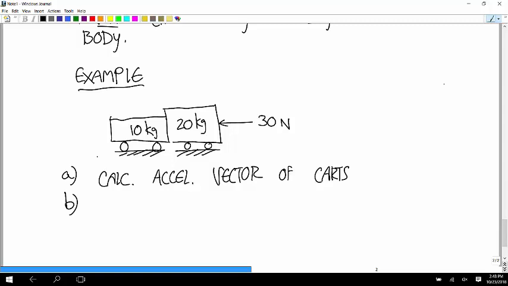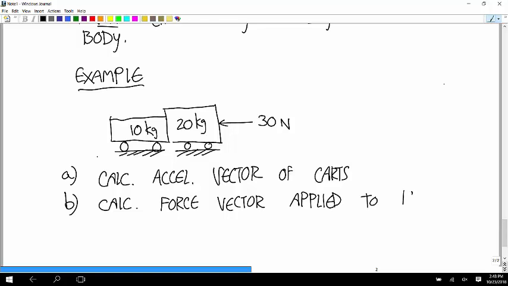And then B, we want to calculate the force vector that's applied to the 10 kilogram cart by the 20 kilogram cart.